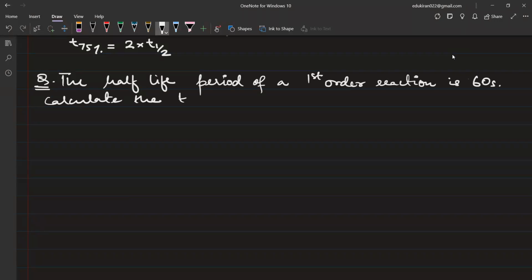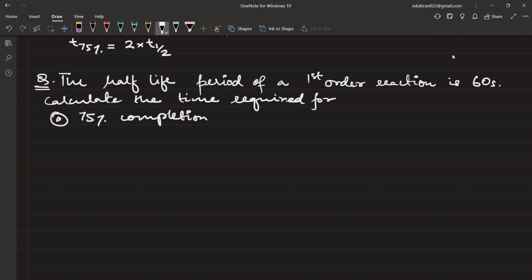Calculate the time required for A part, 75% completion, and the B part, 90% completion.